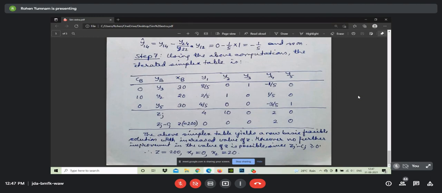See, earlier I told you the C value here, for y1 it is 4, for y2 it is 10. For y2 it is 10, and that is why it goes as 10. Because y2 now becomes the basis, that is why the y2 value goes here, and that C value, 10, comes here.